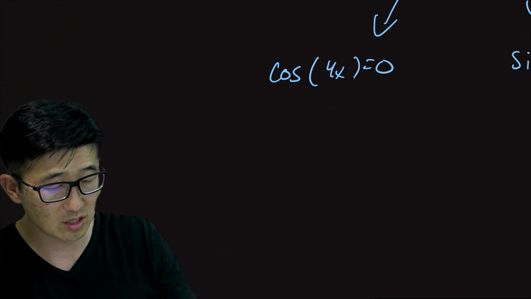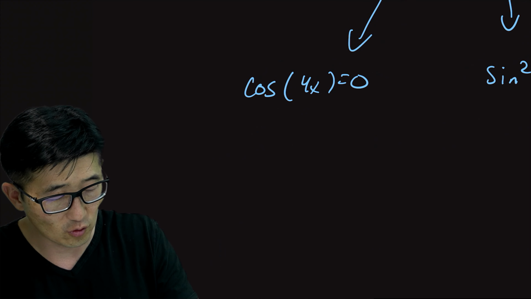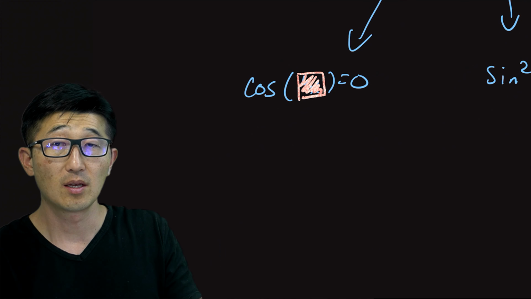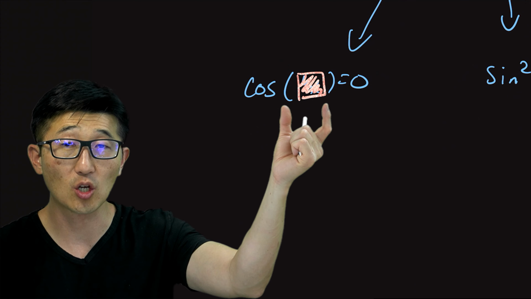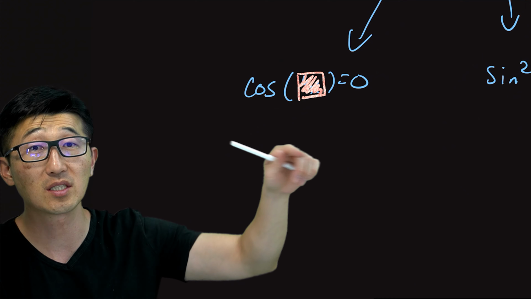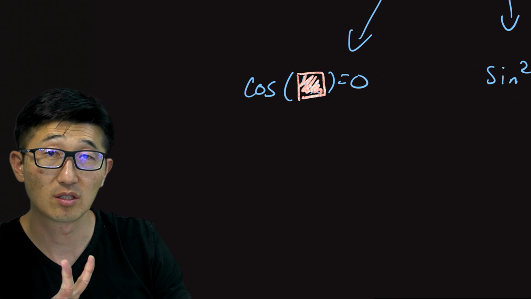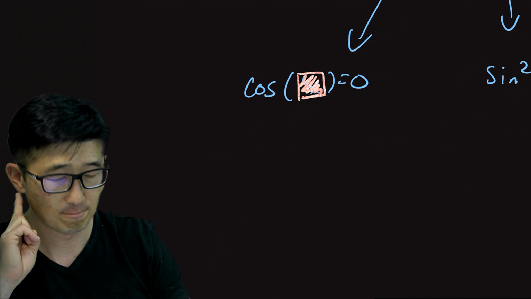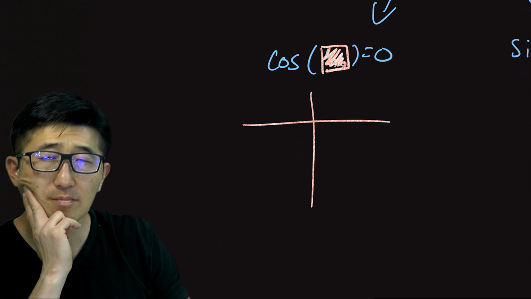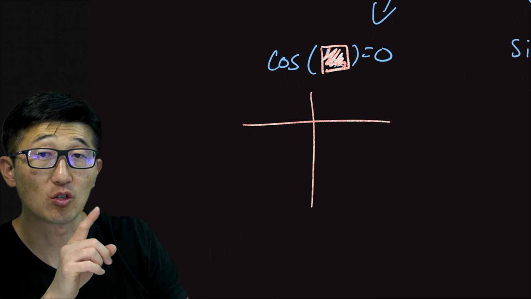Now, the 4x seems a little bit confusing, but for right now, just zone it out. Don't even think about it. What should cosine of this angle be so that you produce a 0? When does cosine become 0? At 0, cosine value is 1.